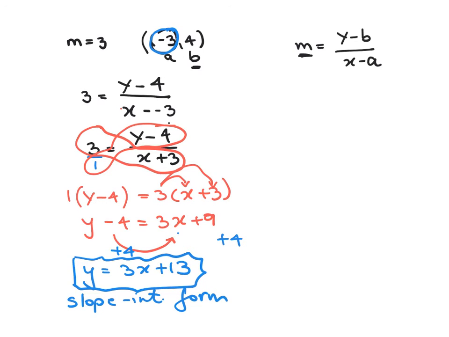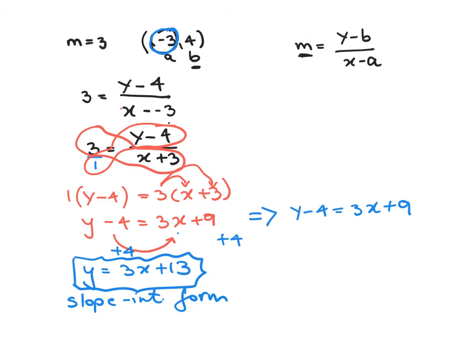However, if you want this equation written in general form, we can go from here and make sure that all x's and y's are on the same side. I'm just going to rewrite this. y take away 4 is equal to 3x plus 9.